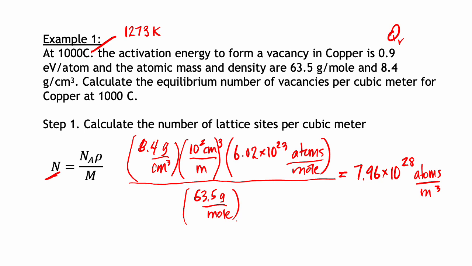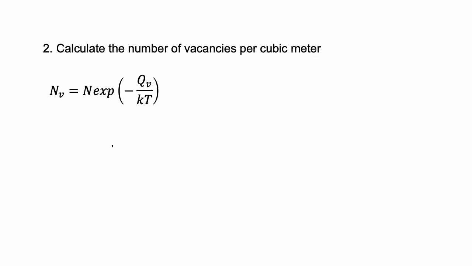But we want the number of vacancies. We've got to take that number. N is 7.96 times 10 to the 28 atoms per cubic meter.